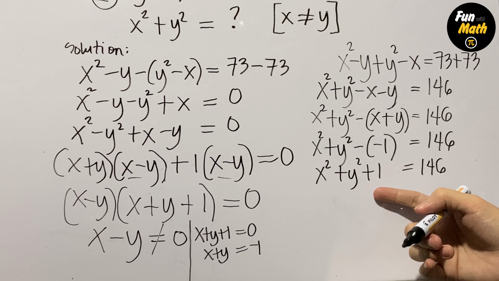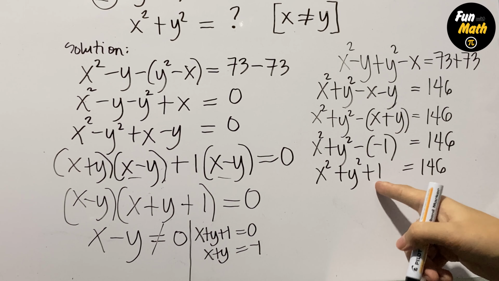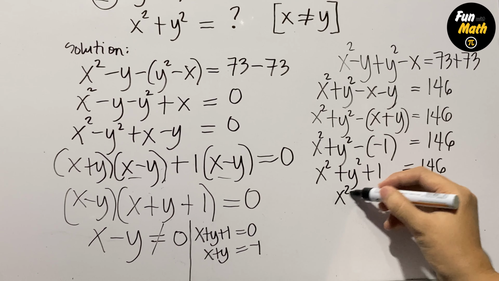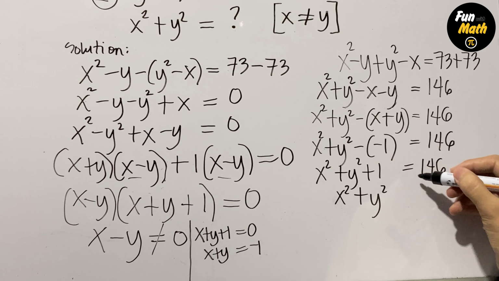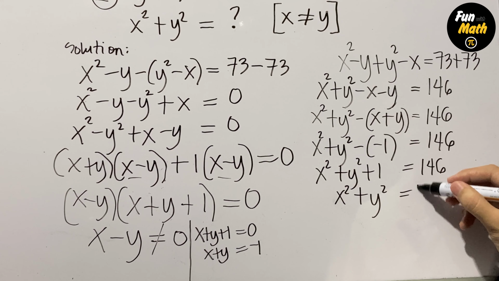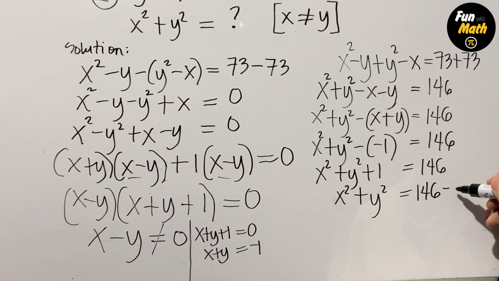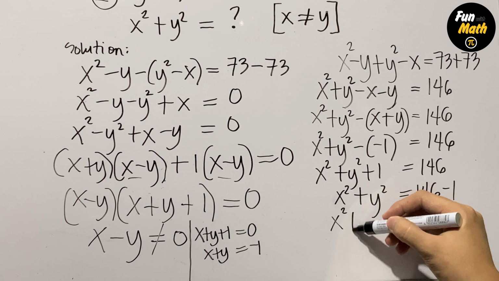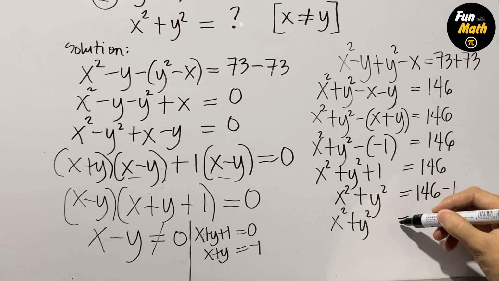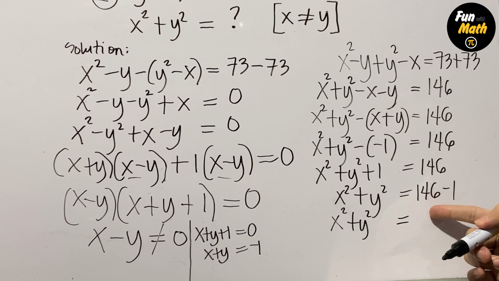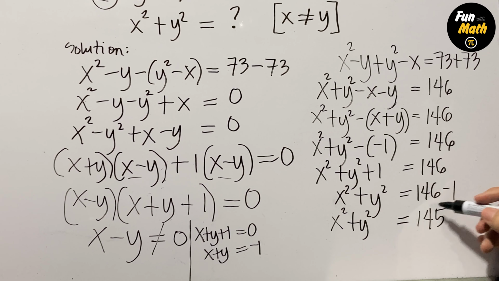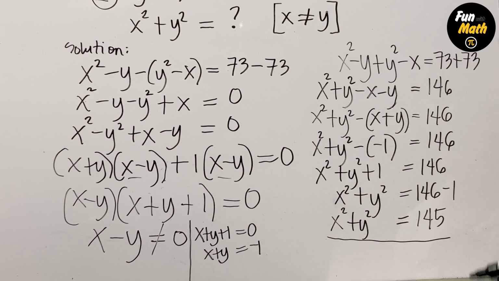And then we are going to take plus 1 to the other side, and that is x squared plus y squared equals 146 minus 1. That is equal to 145. So this is our final answer.